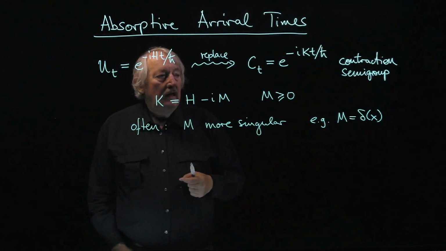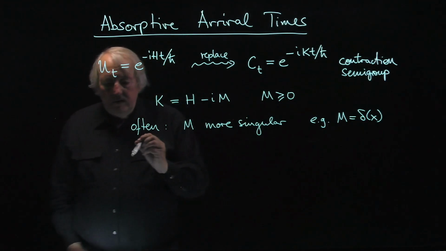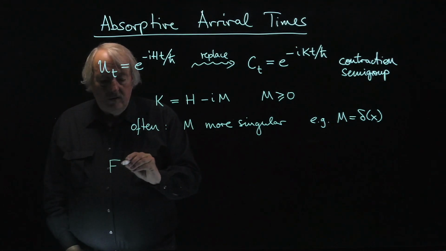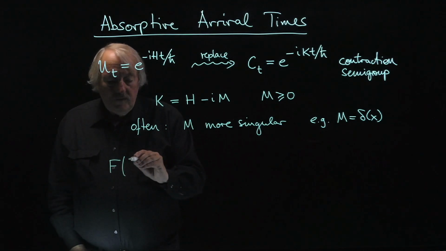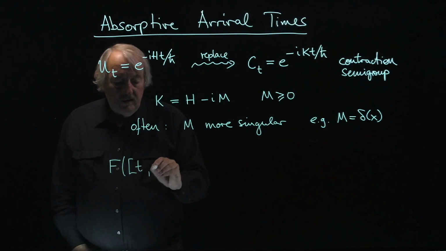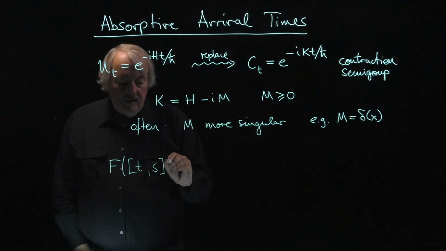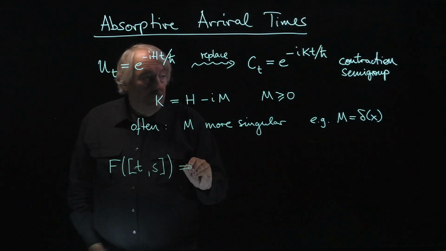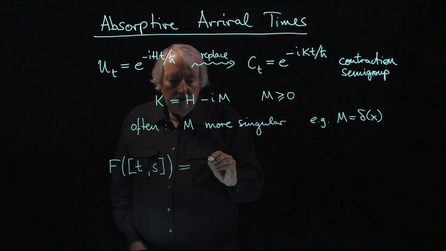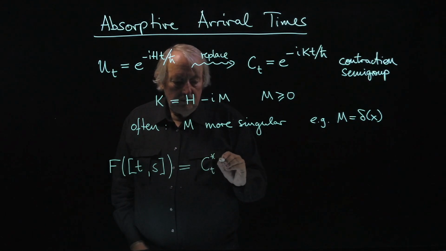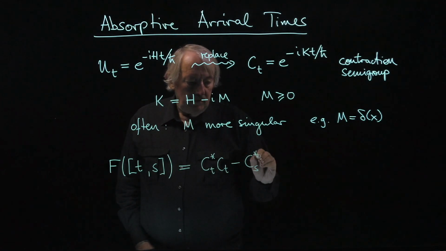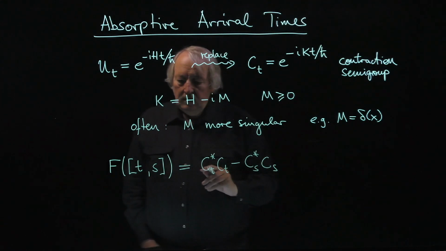So now the time observable that goes with it, we already wrote down, right? For t smaller than s, it will simply be C_t star C_t minus C_s star C_s.